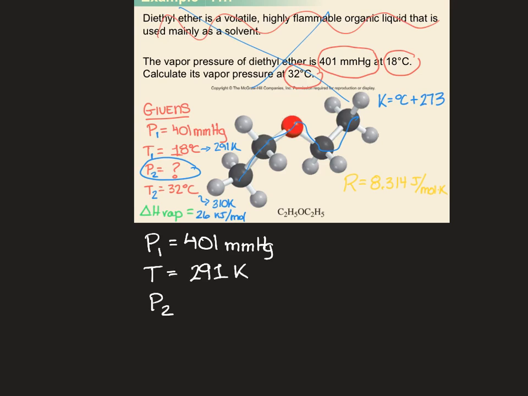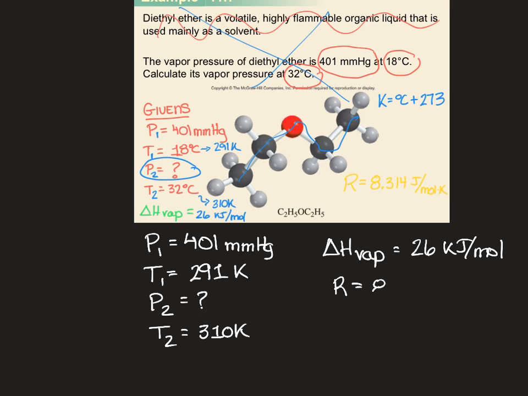I'm looking for P2. My T2 is 310 Kelvin. My delta H, my heat of vaporization, is 26 kilojoules per mole. And my R is 8.314 joules per mole Kelvin.